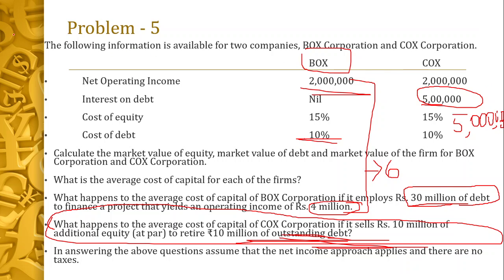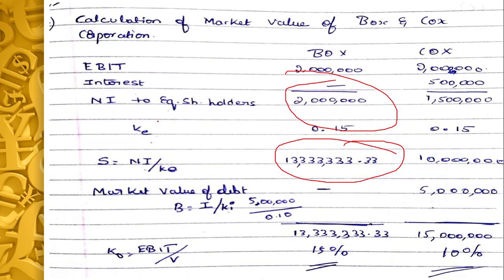When you calculate, since you have calculated it to be this particular amount, you can simply add still more to this. But then to retire the debt, it is only at 5 million.